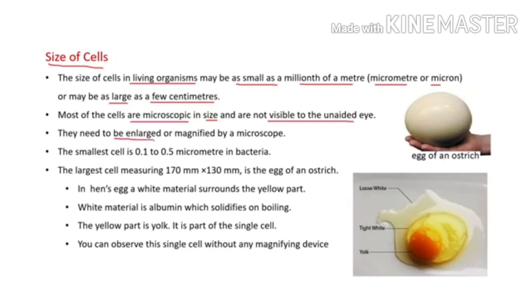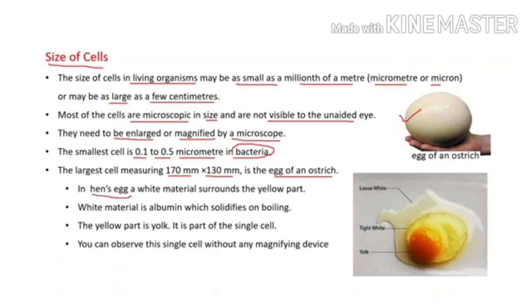That means without microscope we can't see them. They need to be enlarged or magnified by microscope. The smallest cell is 0.1 to 0.5 micrometer in bacteria. The largest cell is that of an ostrich, the egg of an ostrich, with dimensions 170 millimeter into 130 millimeter.